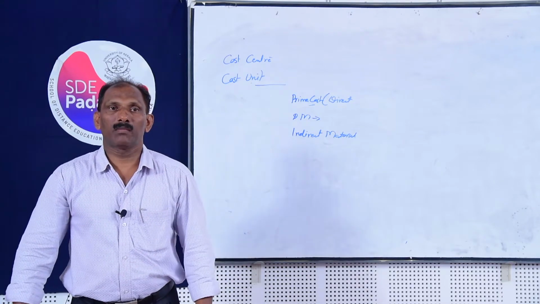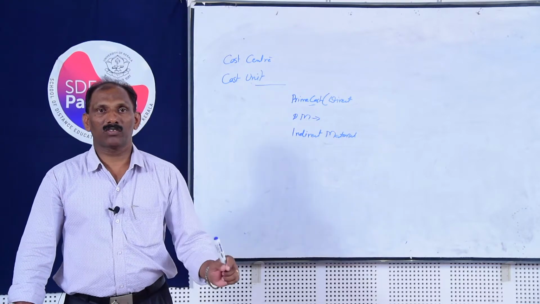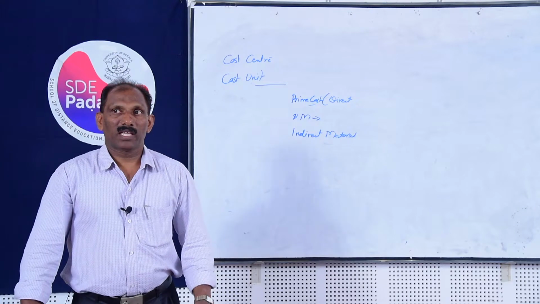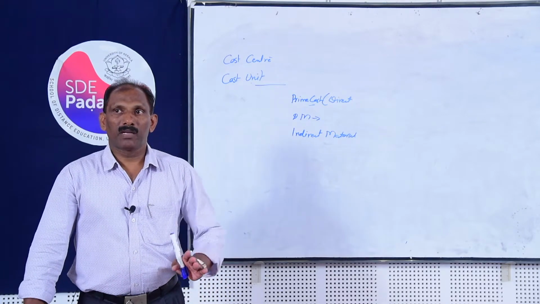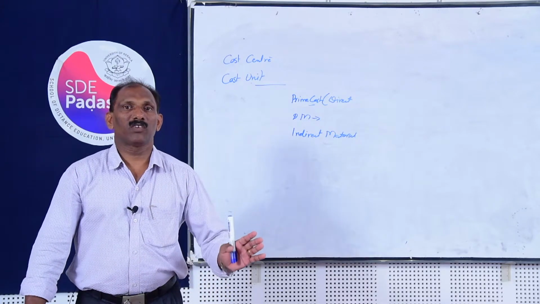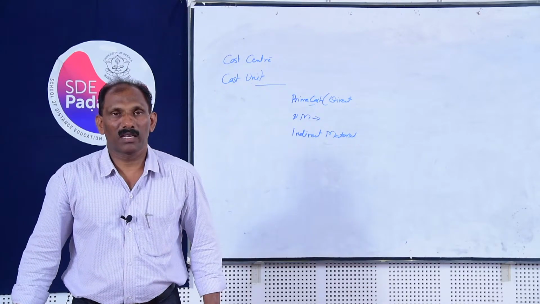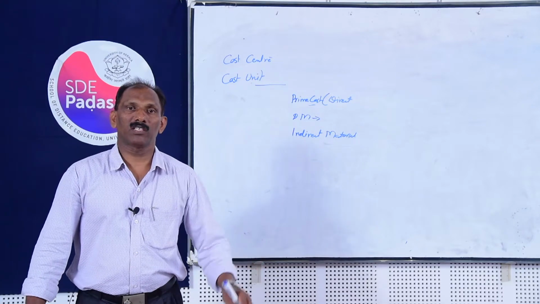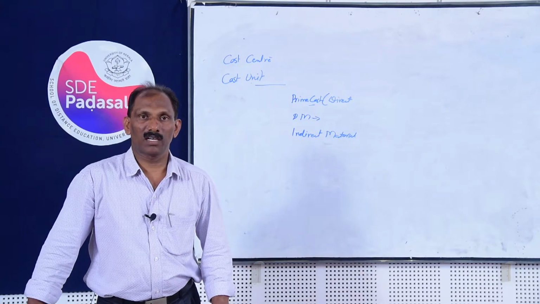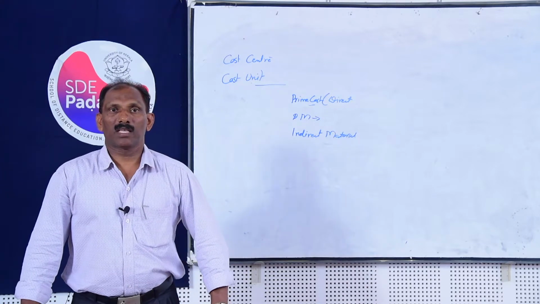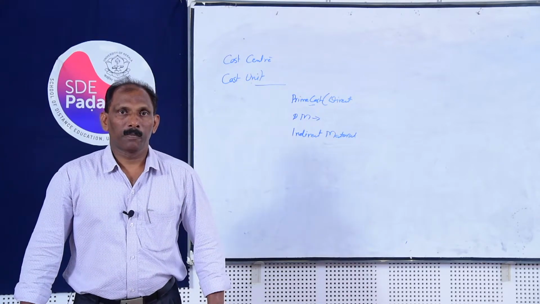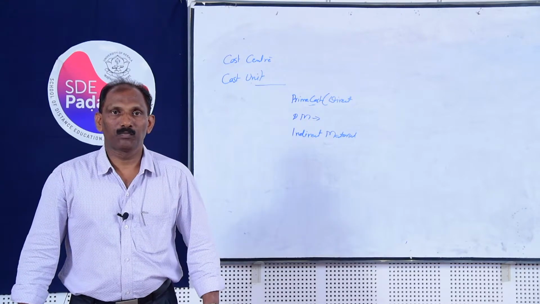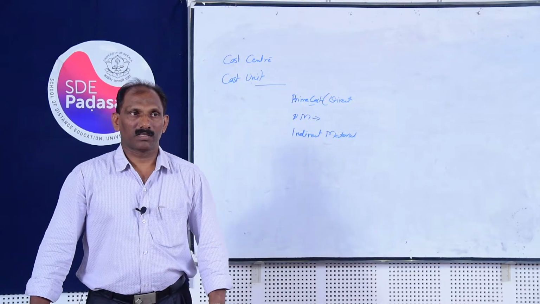Similarly, labor that can be identified and allocated is called direct labor. The labor that cannot be identified but will be apportioned to different cost centers or cost units is called indirect labor. The expense that can be identified and allocated is called direct expense. The expense that cannot be identified and allocated, but will be apportioned among different cost centers or cost units, is called indirect expense.